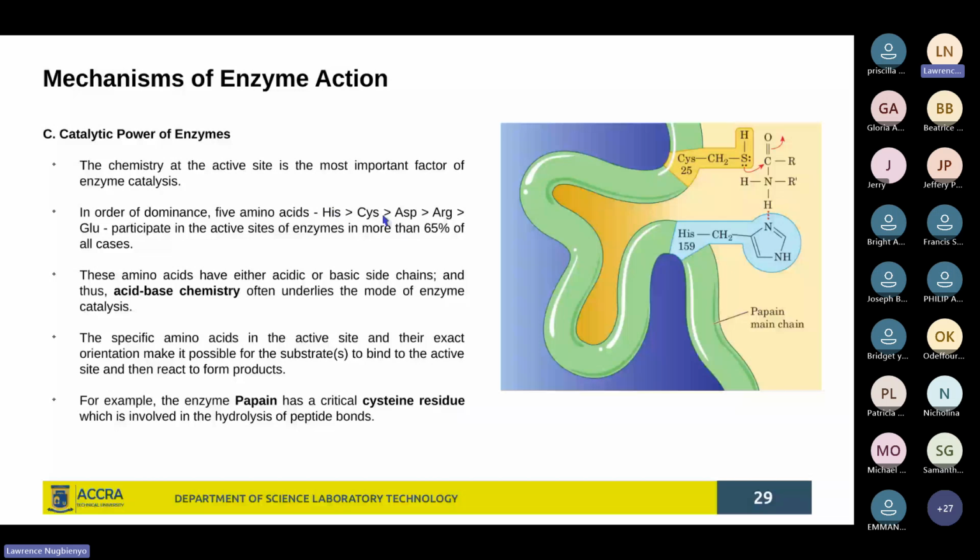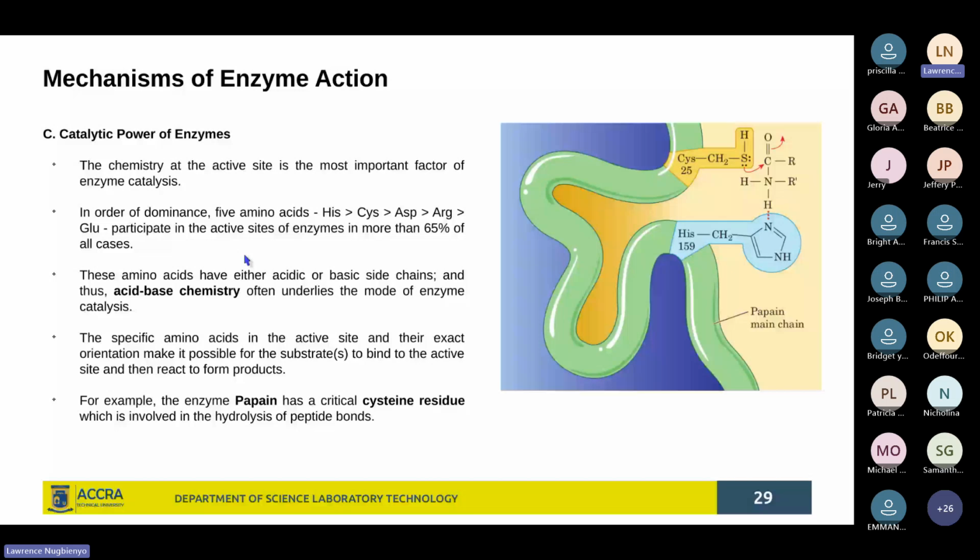So in order of occurrence, you have histidine occurring more in the active center of enzymes, followed by cysteine, followed by aspartic acid, and then arginine and glutamate. So you find these in more than 65% of the active sites of enzymes. These are the amino acids which are found.